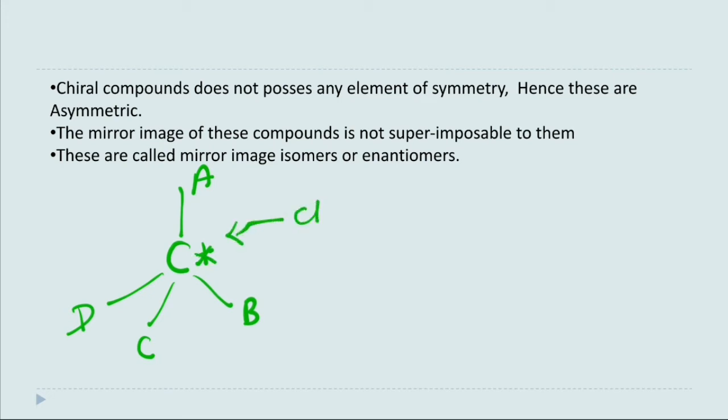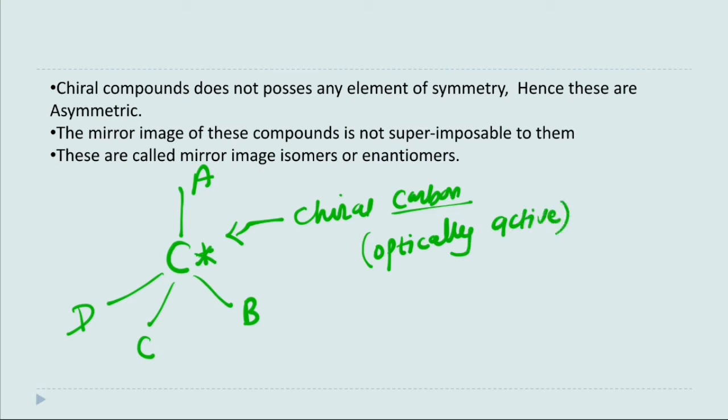if any carbon atom is attached with 4 different types of groups A, B, C and D, this carbon atom will be called chiral carbon because this carbon is asymmetric. That means these kinds of compounds will be optically active and they will form a mirror image which will not be superimposable.